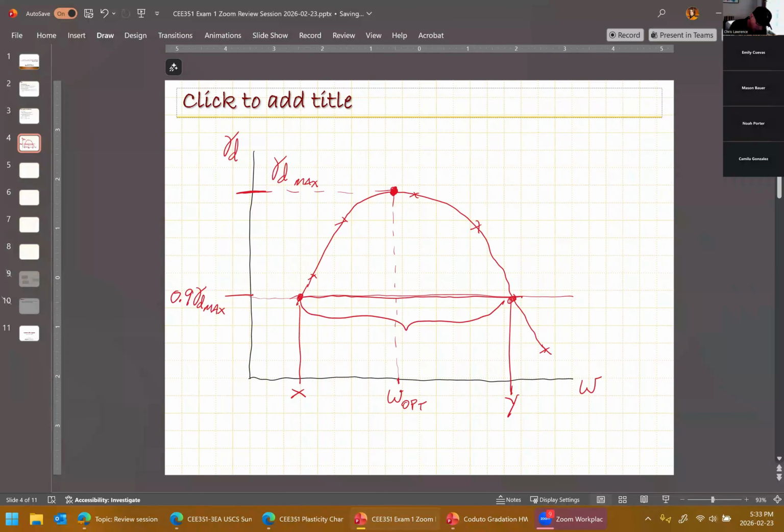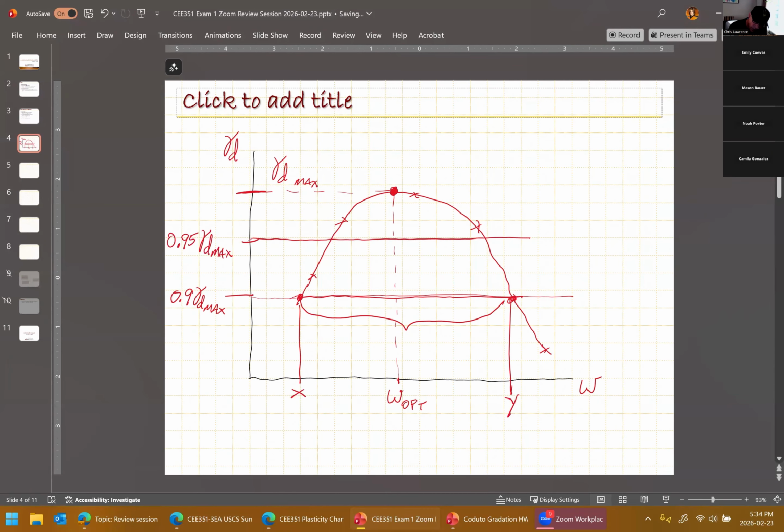Okay, and then do again, same thing. It asks for 95% relative compaction, in other words, 0.95 gamma D max. Do the same thing. Come across here.